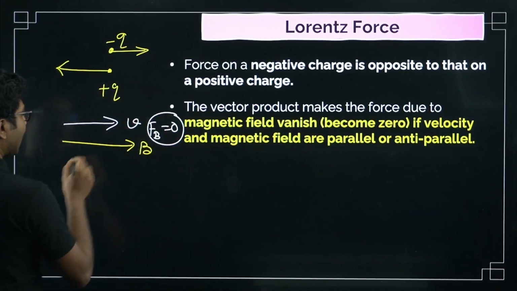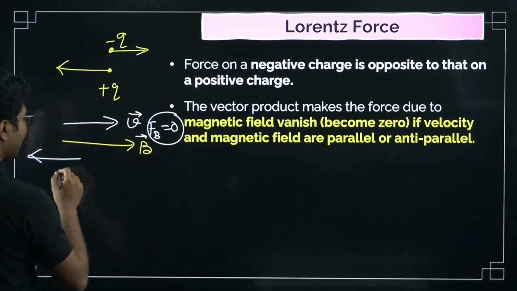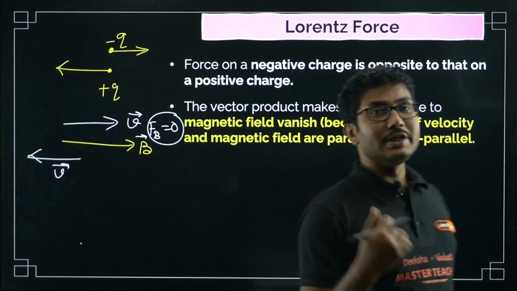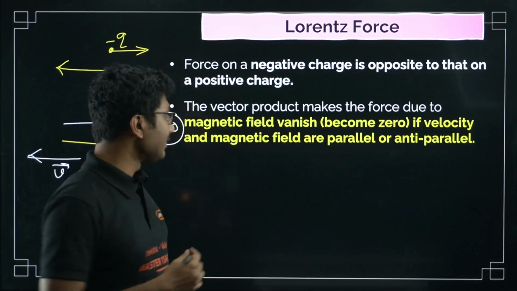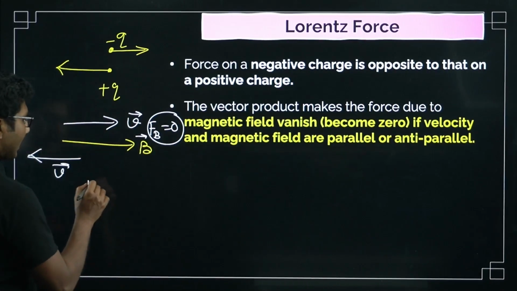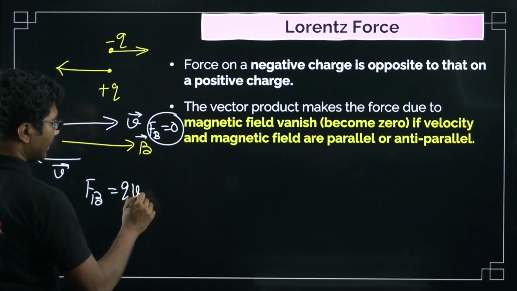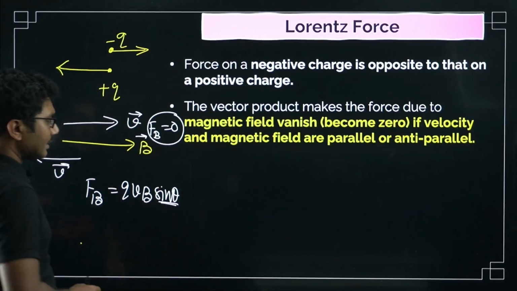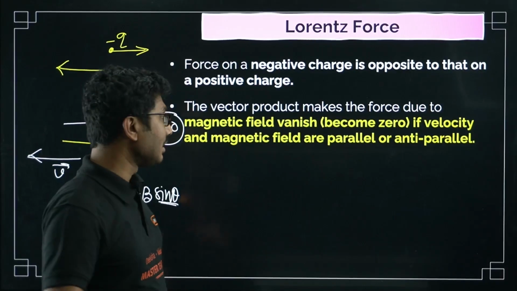So if magnetic field and velocity are parallel or anti-parallel, Fb will be 0 because it is v cross B. The magnetic force is q v B sin theta, so if sin theta is 0, the magnetic force will definitely be 0.